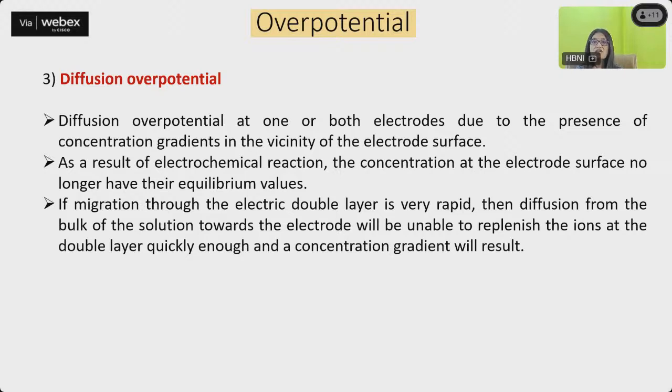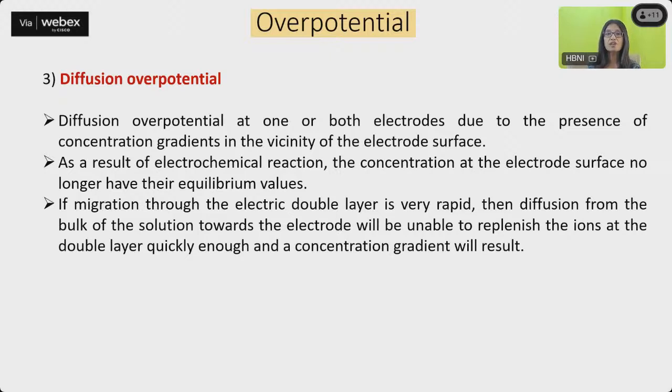Then you have something known as the diffusion overpotential. Now you have generated all these ions, and these ions also need to move. So how is the problem going to arise? At one or both electrodes, due to the concentration gradients in the vicinity of the electrode surface, as I told you, the concentration of the ions is much higher near the electrode surface. So there is going to be a difference in concentration at the electrode vicinity and at a distance from the electrode. That basically gives you the diffusion overpotential.